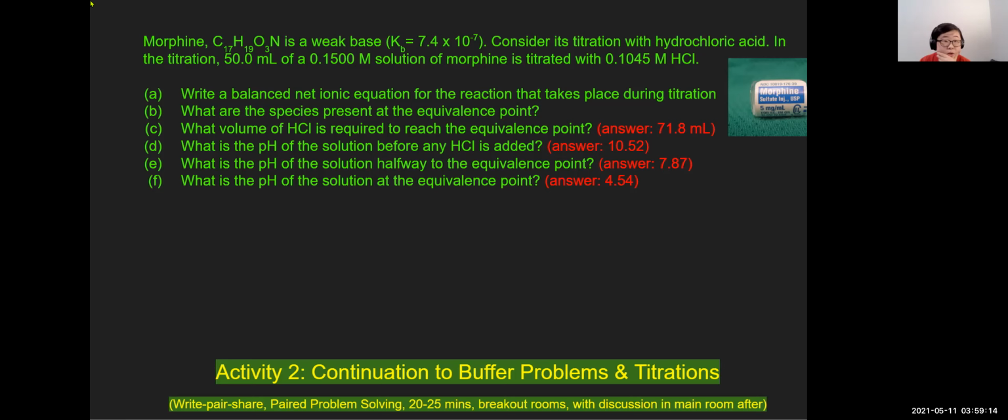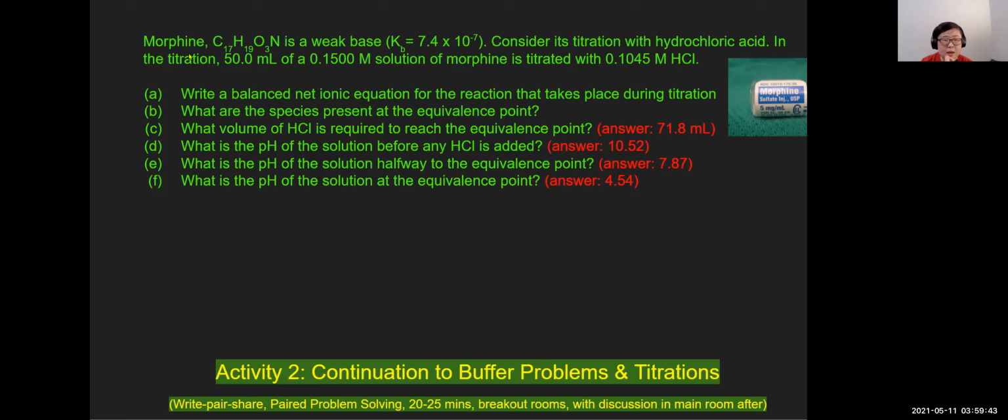you're going to treat part C as: what is the volume of HCl required to reach the equivalence point. You're just going to do MB equals M1V1 equals M2V2. It's the stoichiometry problem. Because you know the number of moles at the equivalence point, the number of moles of morphine must equal the number of moles of H morphine.